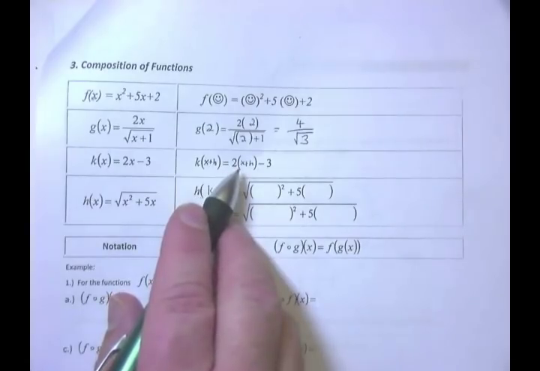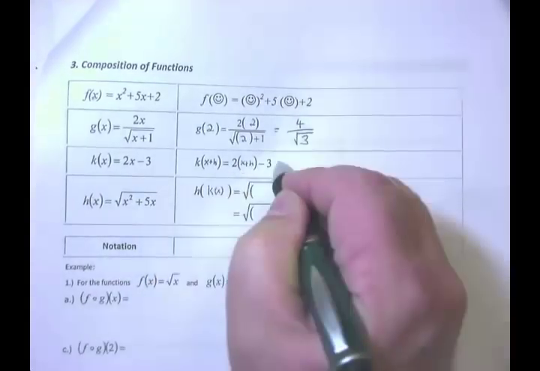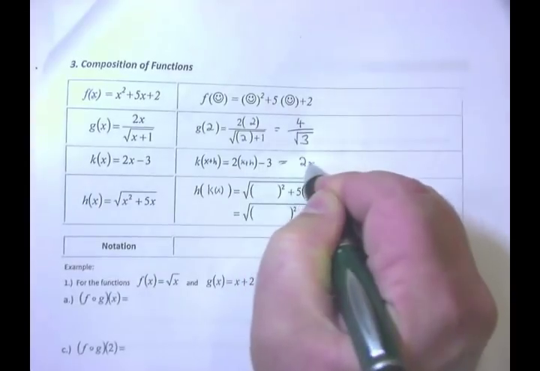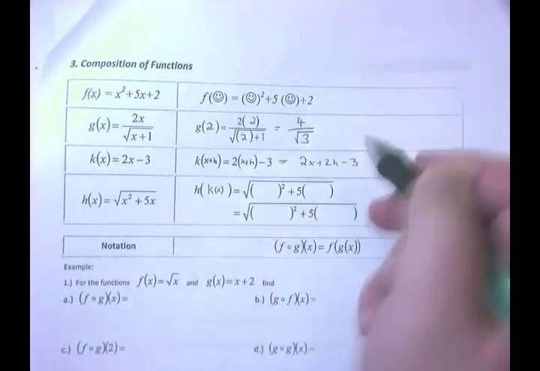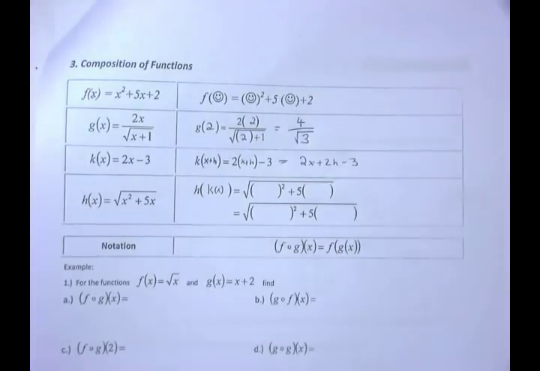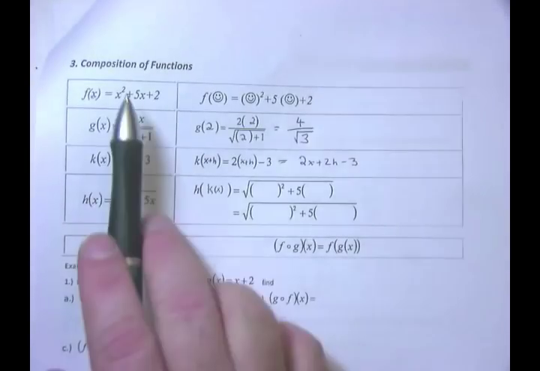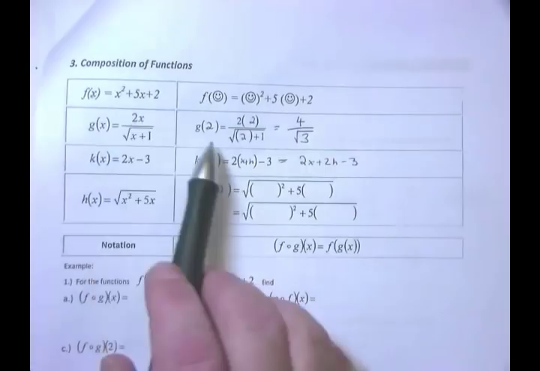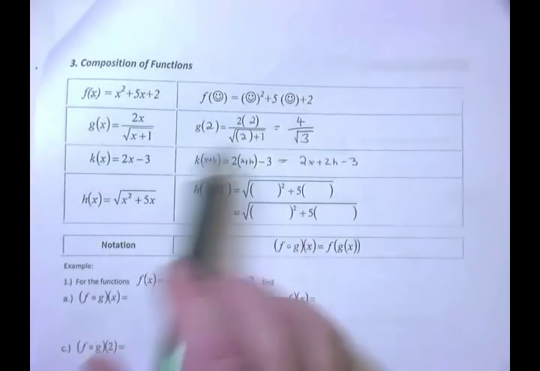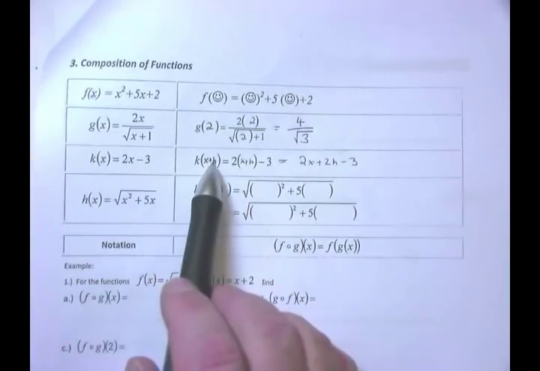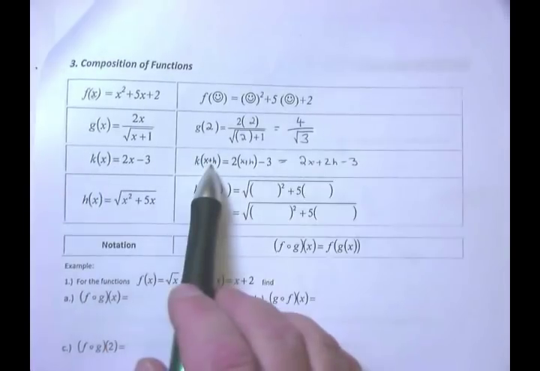We're going to abuse this notation here. And if you wanted to clean them up, you would distribute the 2, and that would give you 2x plus 2h minus 3. And so in other words, if you got a function here, you can plug in numbers, and that gives you y coordinate values. You can plug in other values like x, and you can replace it with x plus h.